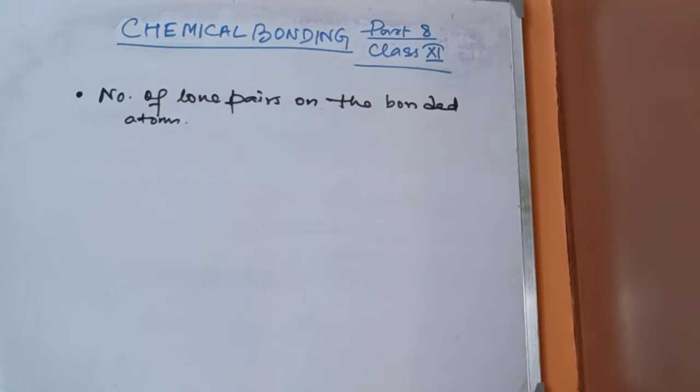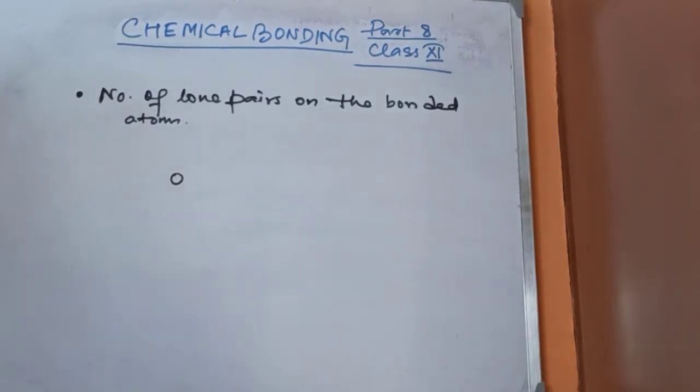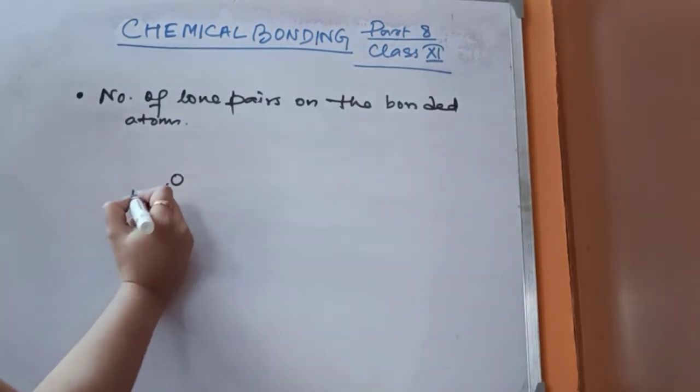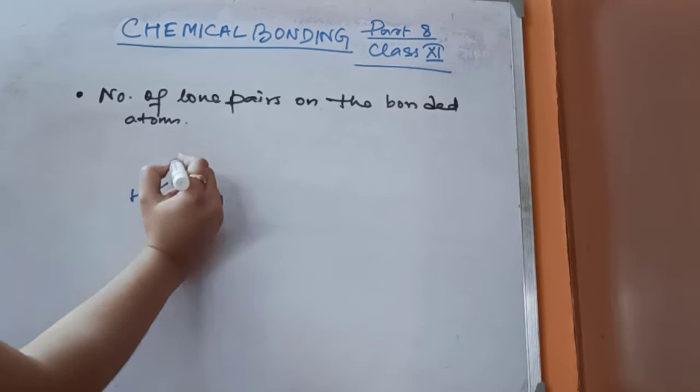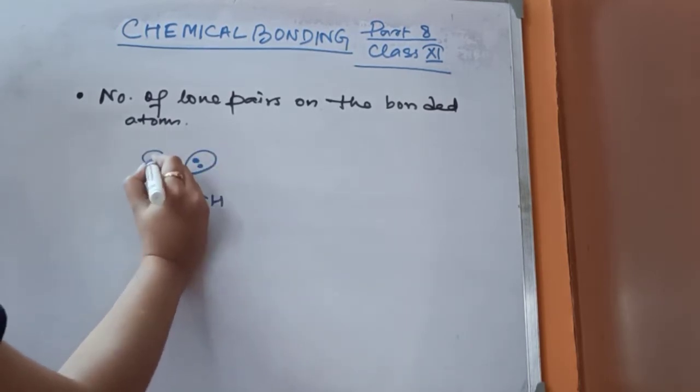The electron-electron repulsion between the lone pairs of electrons, I'll show you with one example, with the example of water. In water, there are two lone pairs on oxygen atom.